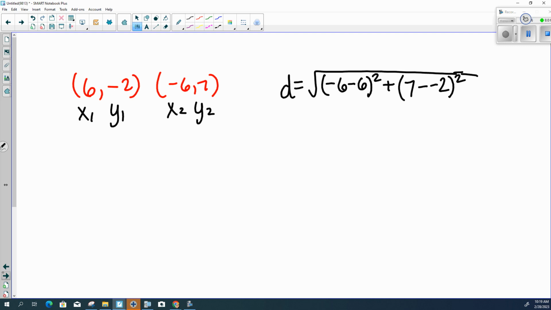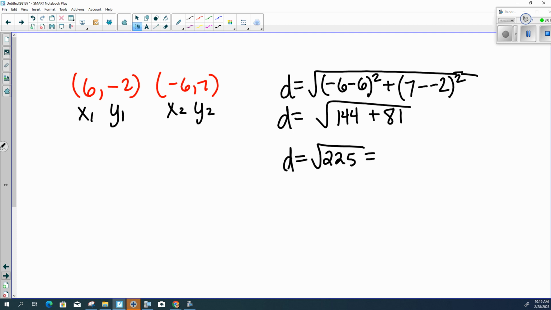All right, negative 6 minus 6 is negative 12. And negative 12 squared is 144. 7 minus negative 2 is 9. 9 squared is 81. If you punch that into your calculator, you'll go right to the square root of 225, which is a perfect one.